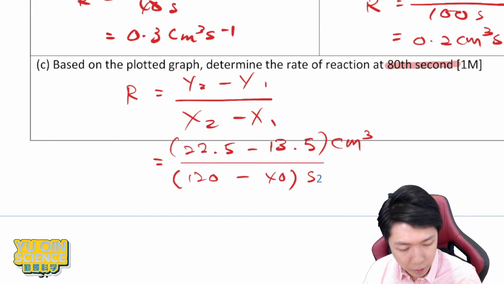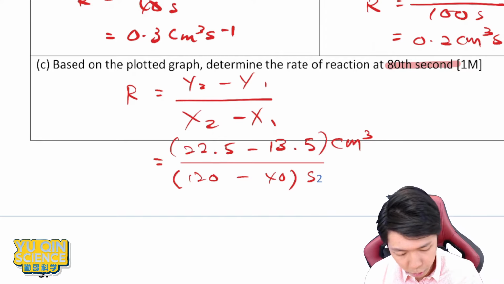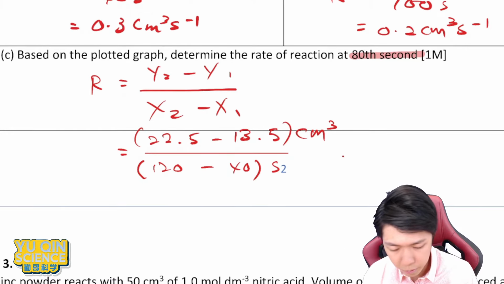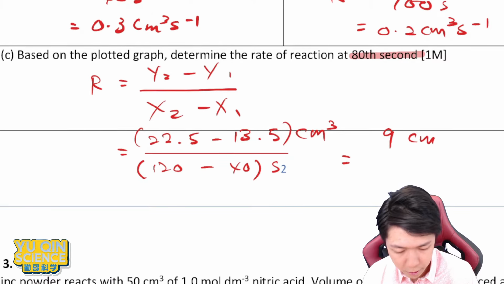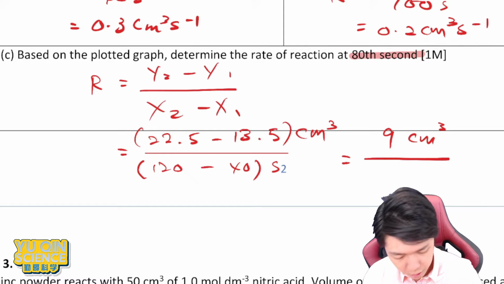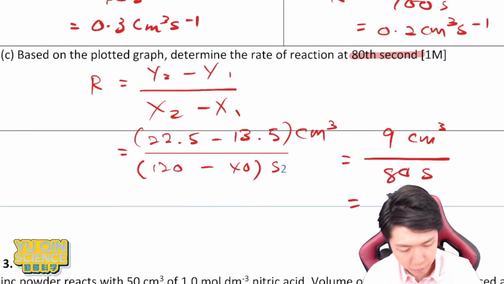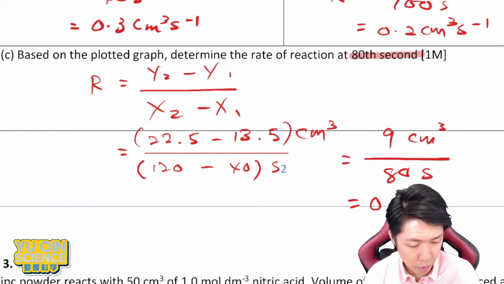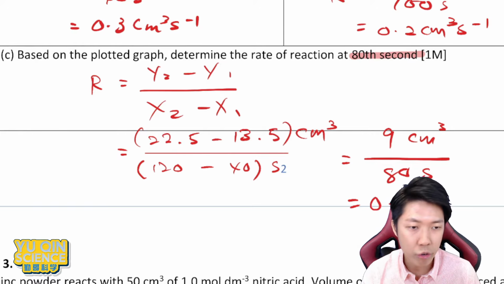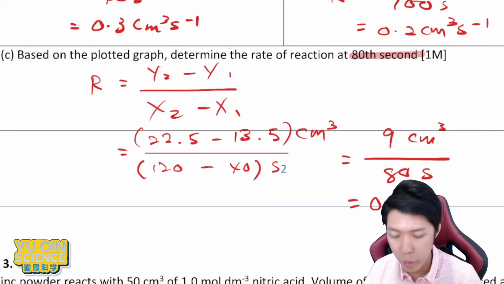Okay, calculator will do the job. So 22.5 minus 13.5 is 9. 0.112, 3 decimal maximum, 0.112.